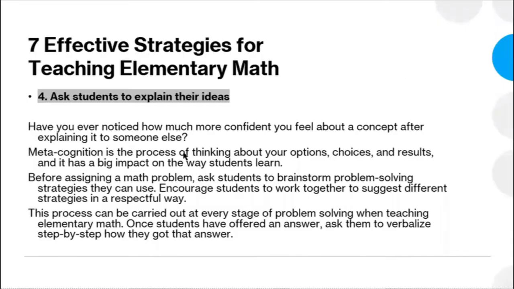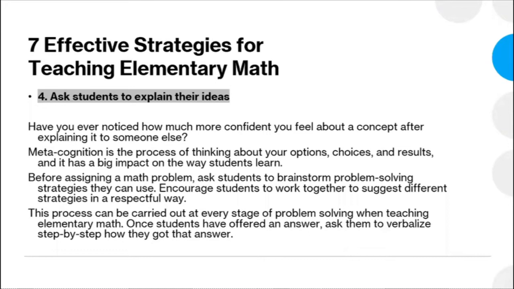Okay, so strategy number 4, ask students to explain their ideas. Have you ever noticed how much more confident you feel about a concept after explaining it to someone else? Metacognition is the process of thinking about your options, choices, and results. And it has a big impact on the way students learn.